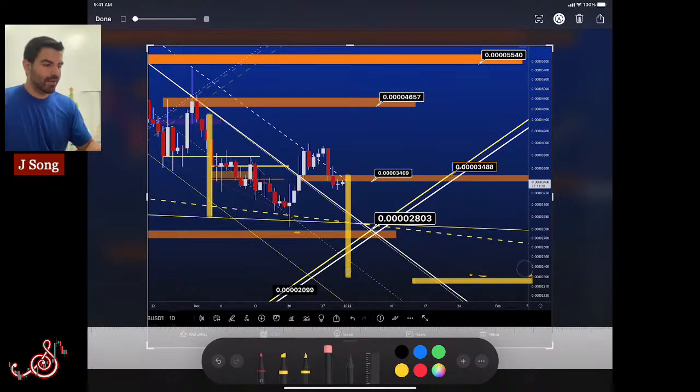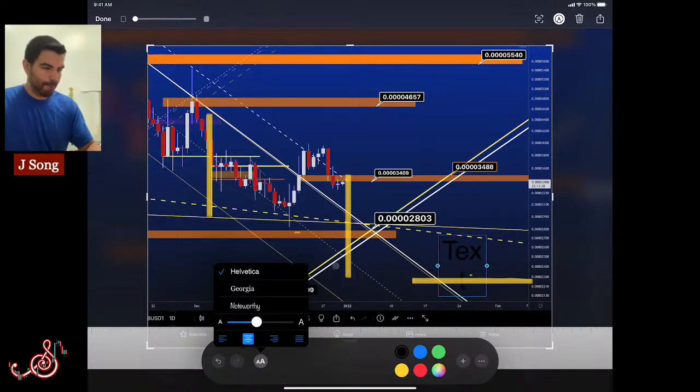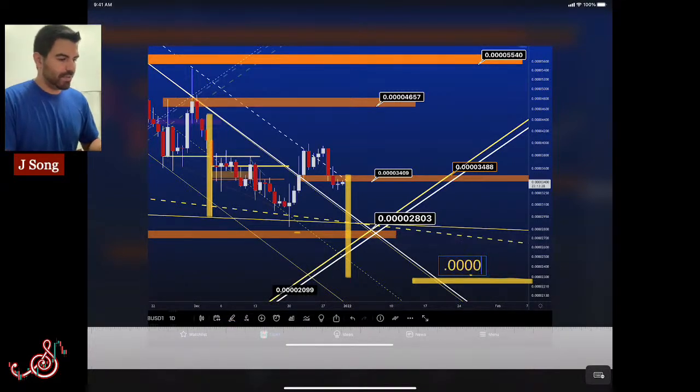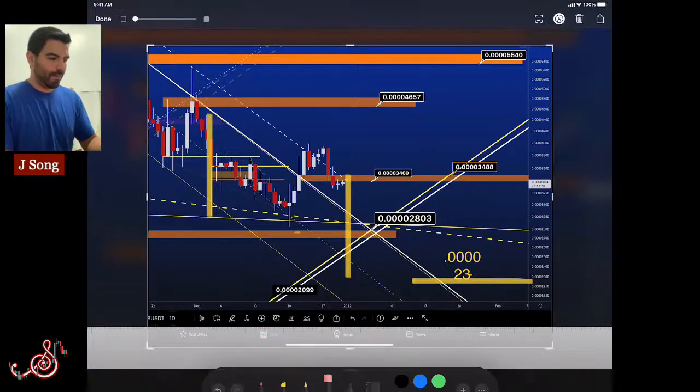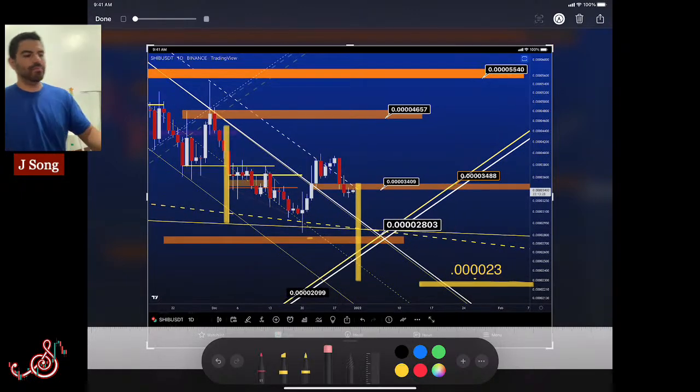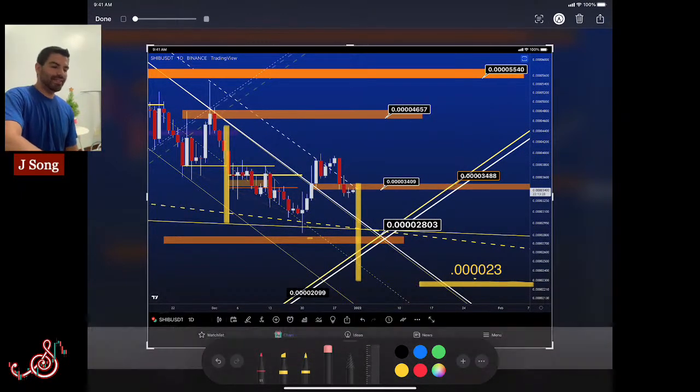So that's kind of far, and let's make a text. 0.00023. Okay, so that's about the distance you could fall with Shiba.